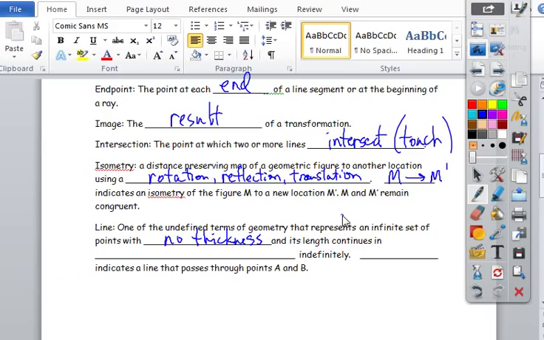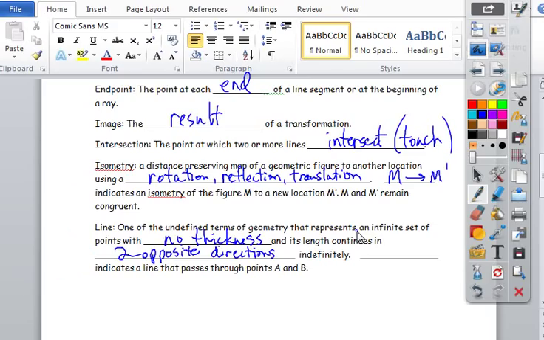And its length continues in two opposite directions indefinitely. So what does that say? Infinite. If it goes indefinitely, what does that mean? It never ends. Yeah, it goes forever, it never ends.